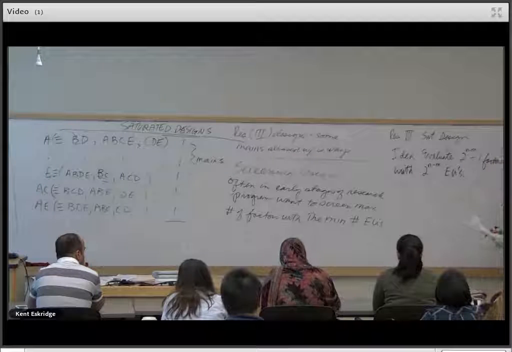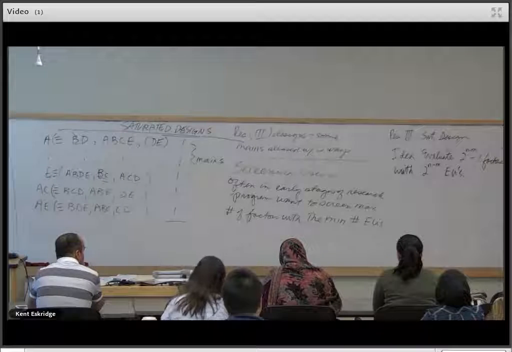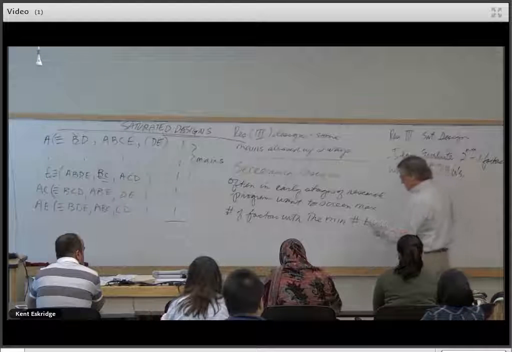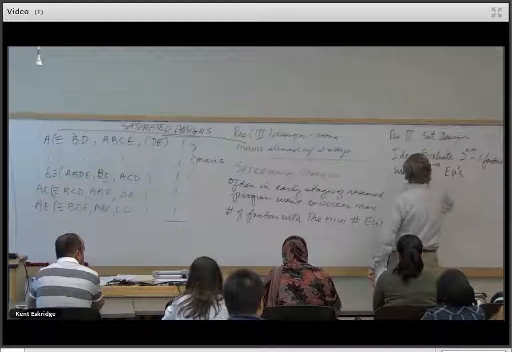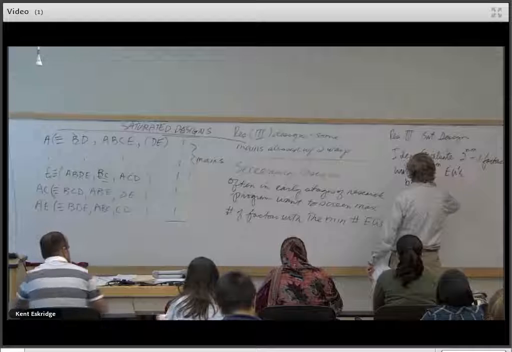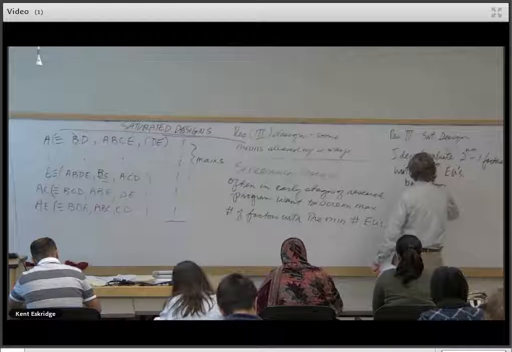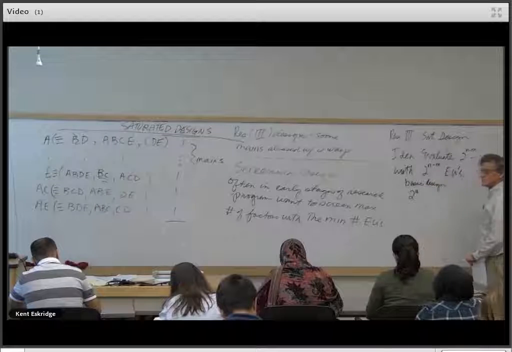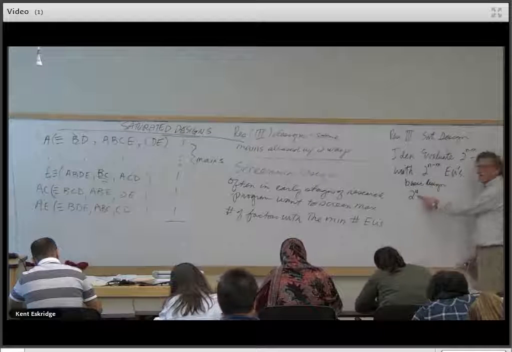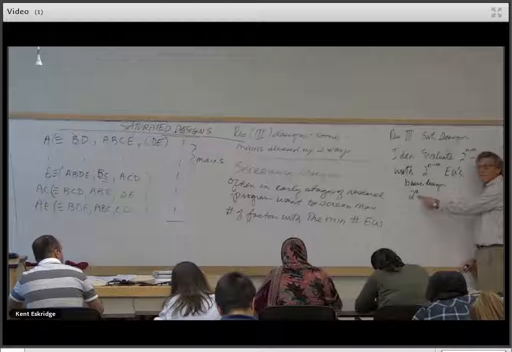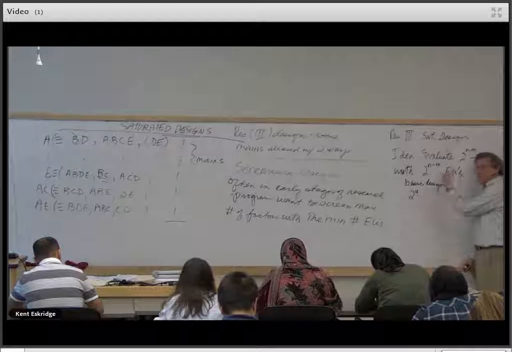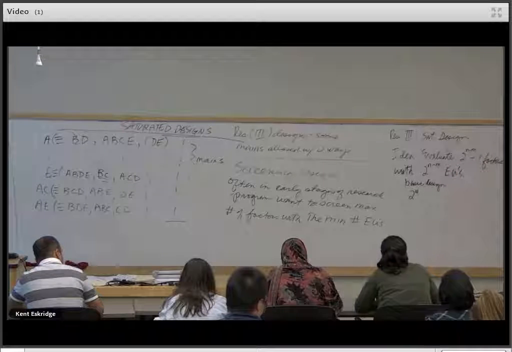So how would I do it? If I want to screen, say my basic design is my full factorial, 2 to the 4th. So I'm going to have 4 main effects, and all that.